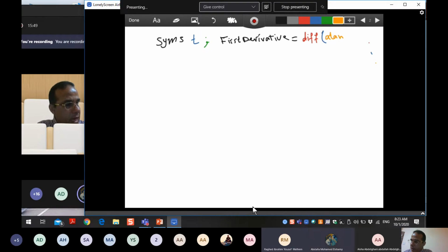And what is the value of the angle? Root t. How to write root t? SQRT, open bracket t. Shall I close this one? Yes.